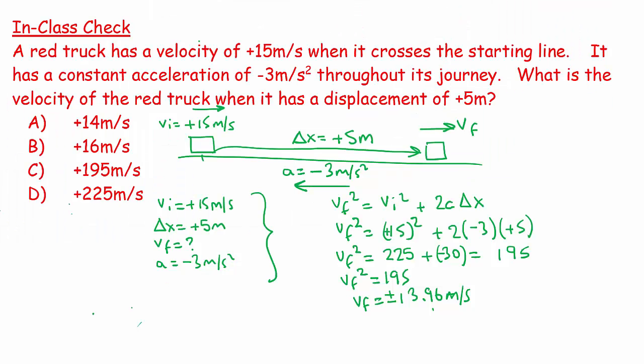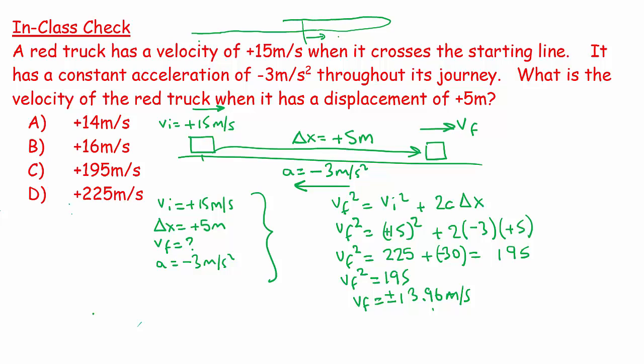The object is going to the right. It has a positive velocity and negative acceleration. So it's going to the right, slowing down. It passes the 5 meter mark. It keeps on going. It stops and it comes back.